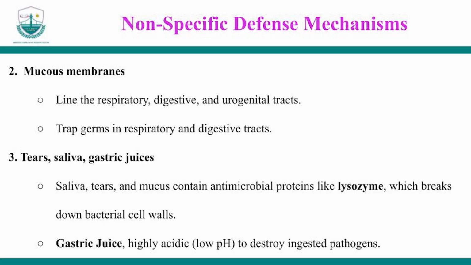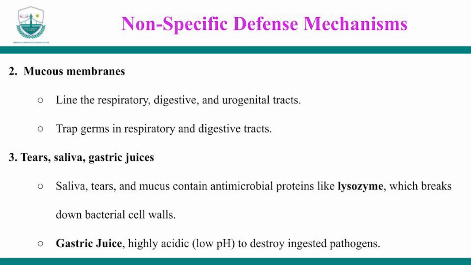Okay, and then we also have secretions such as the tears, saliva, and gastric juices. These also play an important role in defense. When something gets into your eye, one of the things that will happen is that tears will start to flow.